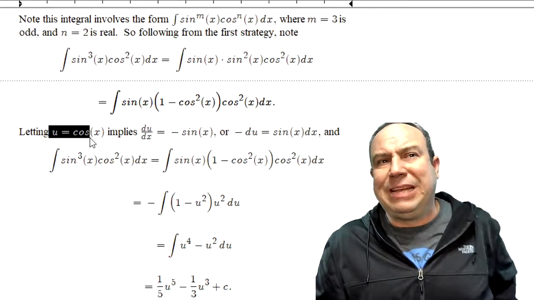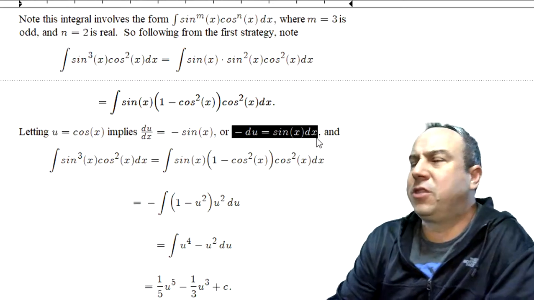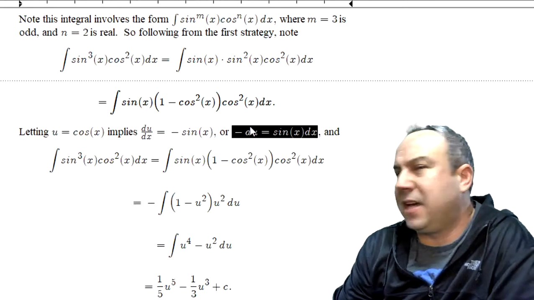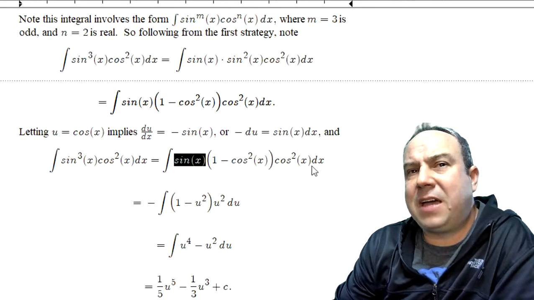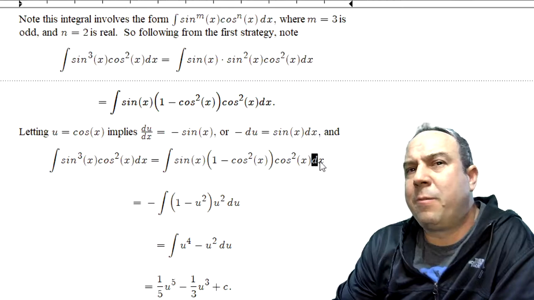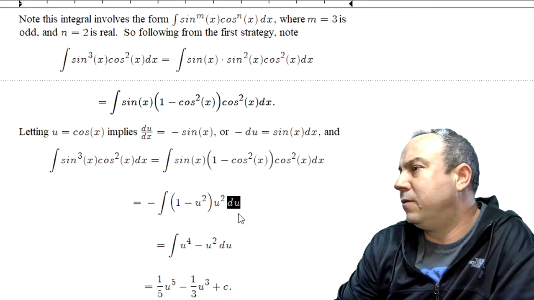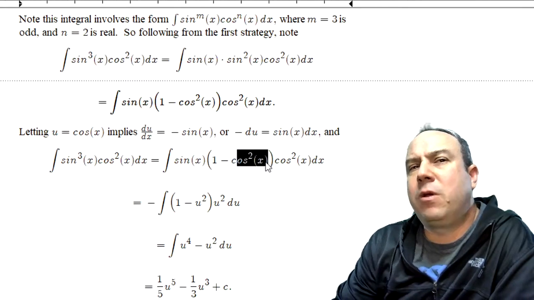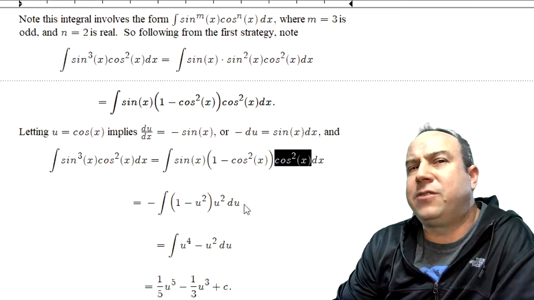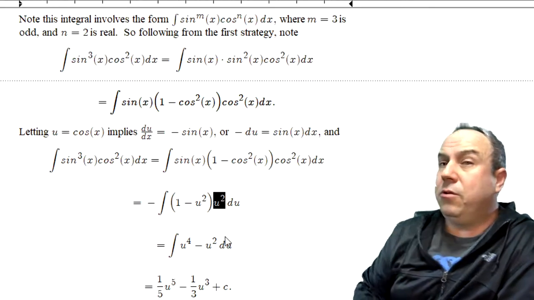Letting u equal cosine of x, negative du is going to replace the sine of x dx. The remaining cosines will be replaced with u.